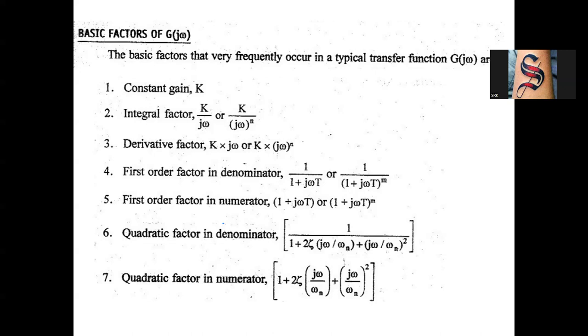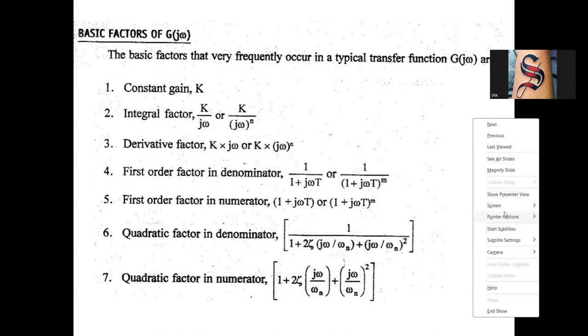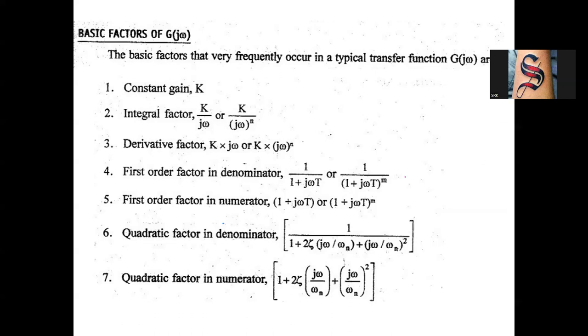Okay. So if you know how to find the magnitude for each individual factor, that is, the magnitude response of the integral factor, derivative factor or first order factor, then I can simply add every magnitude and get the final value instead of calculating everything together, right?